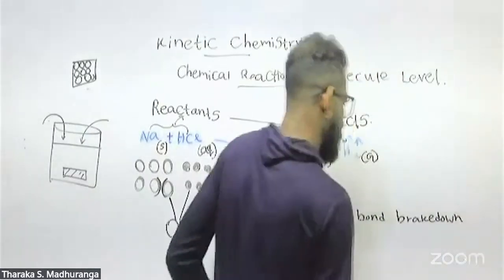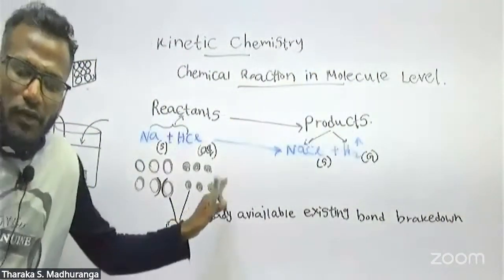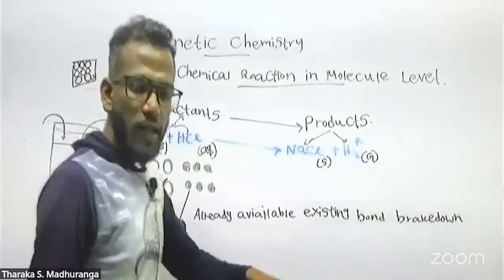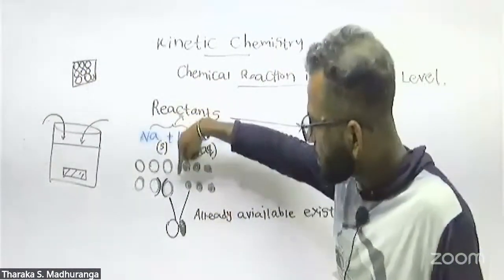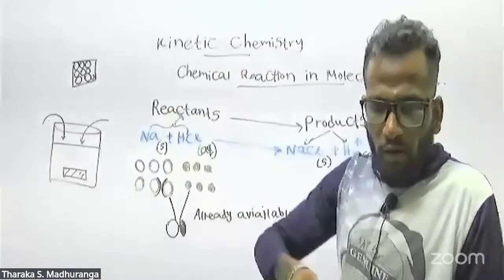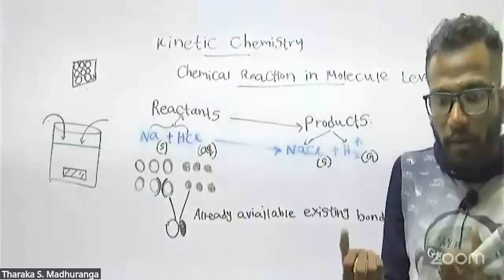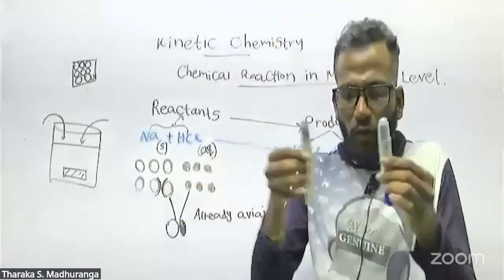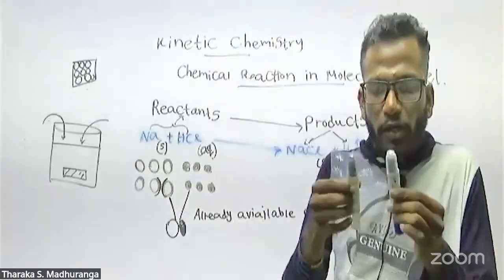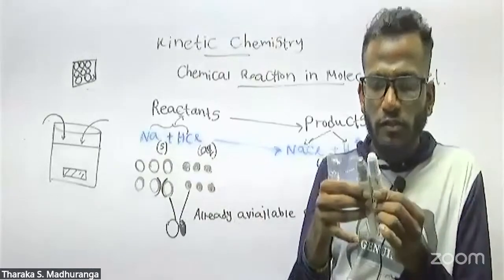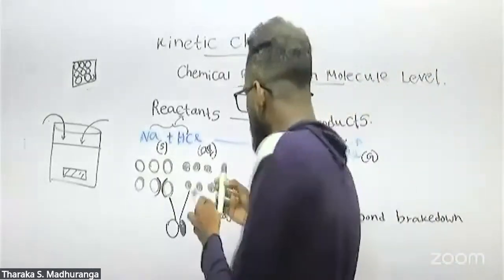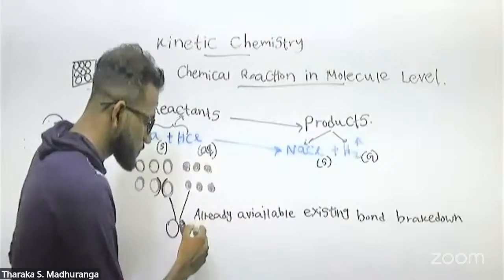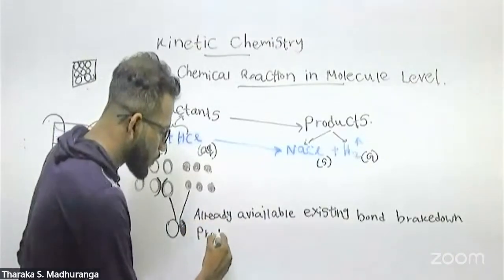Carefully understand. This existing intermolecular bond of the solid, what happens? It breaks down, and when they collide with each other, they produce a new bond between these two molecules. They produce a new bond when colliding.